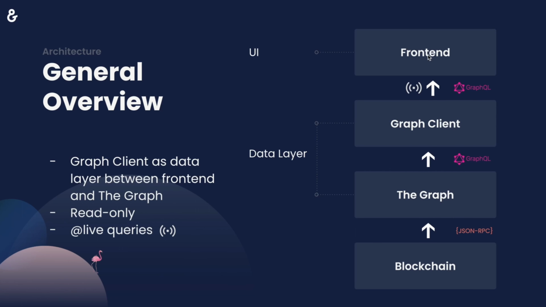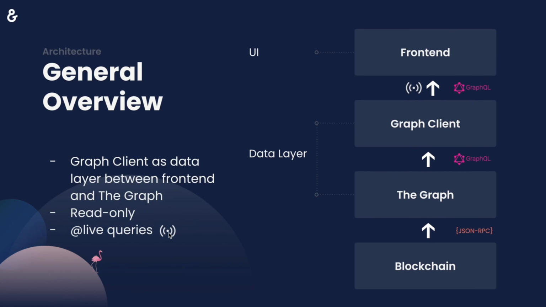A very similar setup as before: on top we have the front end that queries the Graph Client, but the Graph Client sits between The Graph and the front end.